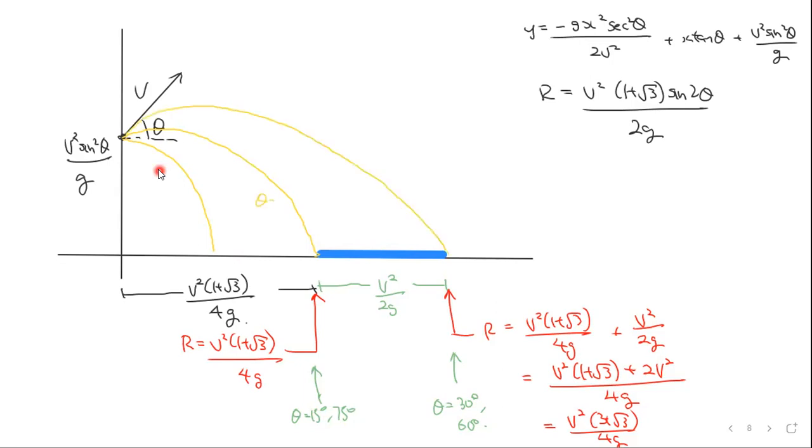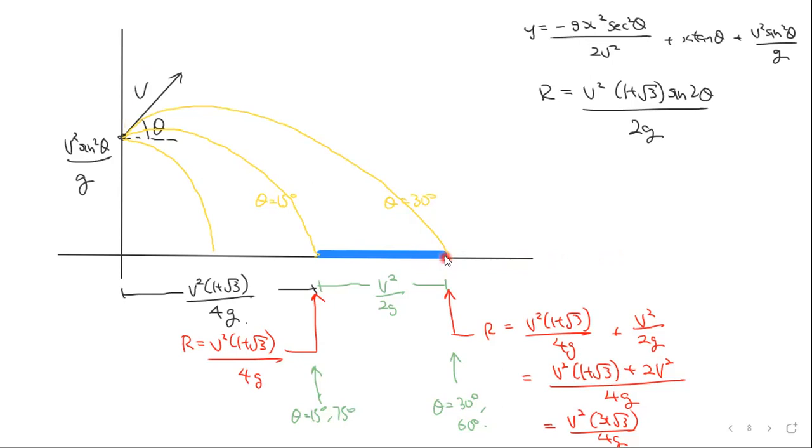So theta equals 15, theta equals 30 degrees. Between 15 and 30, you can't do that because you're going to land in the dam. And of course, you're going to keep increasing all the way to theta equals 45, which is somewhere out here. But once you get to 45, your range is going to start dropping again. And then when you hit 60, that's going to be when you do something like this. I'll use a different color.